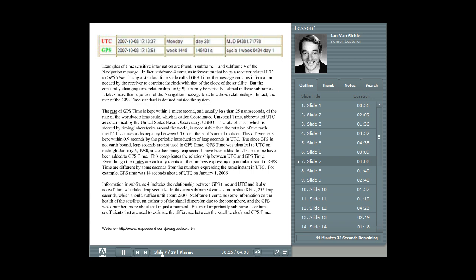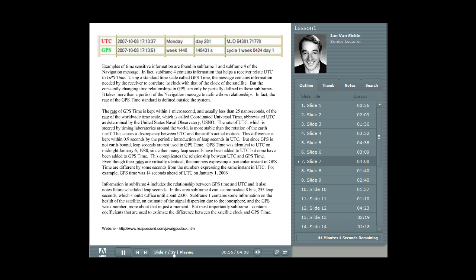However, Coordinated Universal Time, as derived from these clocks, is in some sense more accurate than the actual rotation of the planet itself. They sort of get out of sync with each other. So therefore, to keep UTC connected to the planet, periodically leap seconds are added to Coordinated Universal Time.